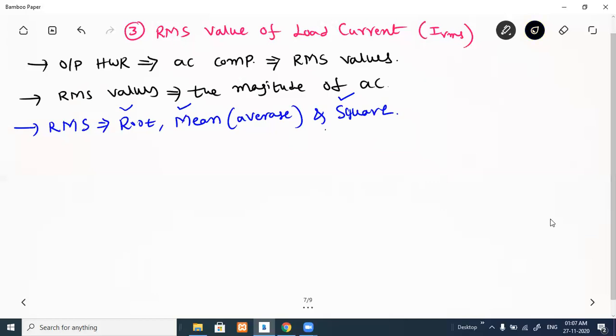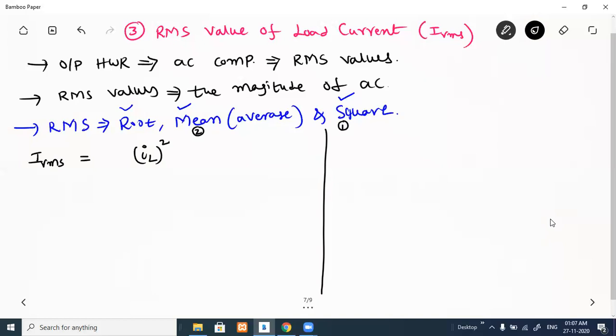First take IL and square it, IL square. Then find the mean or average. An alternating current waveform average value can be calculated by using integration.